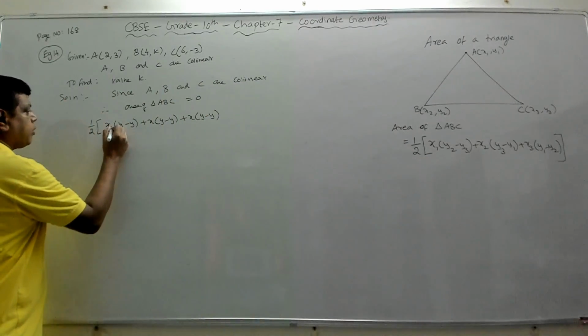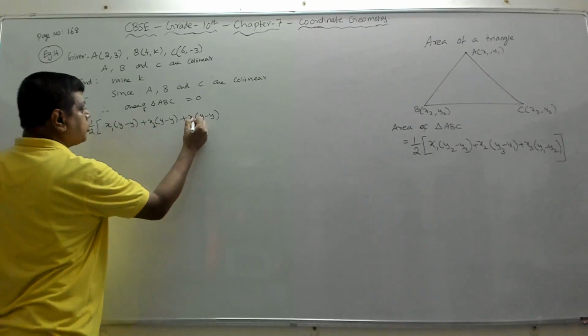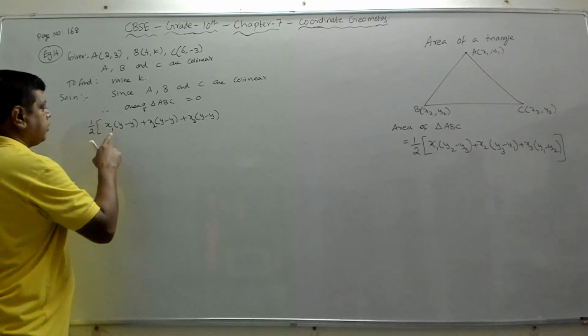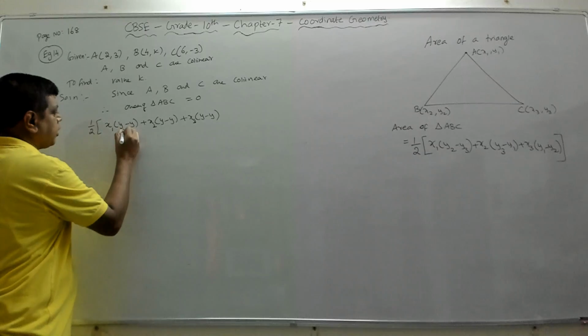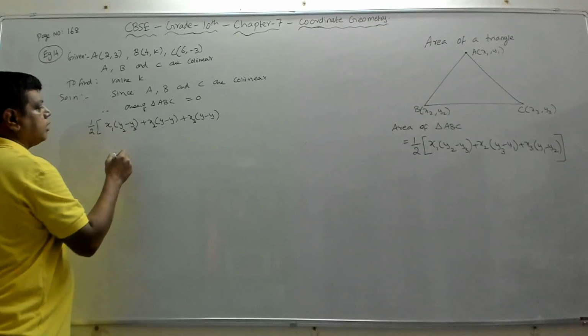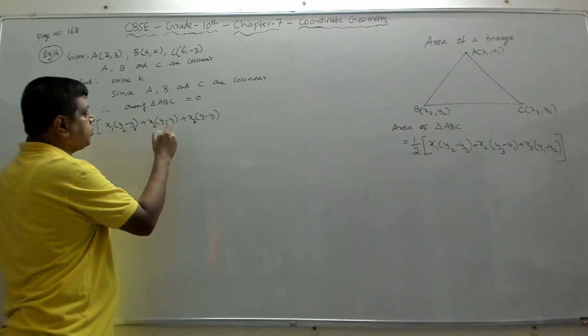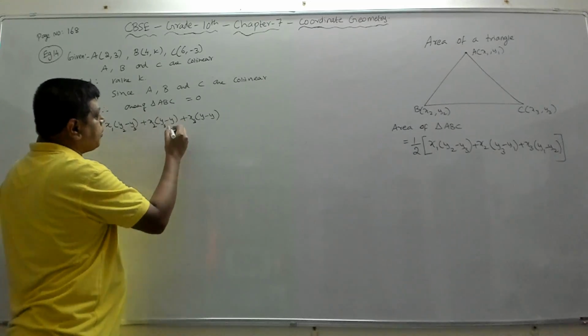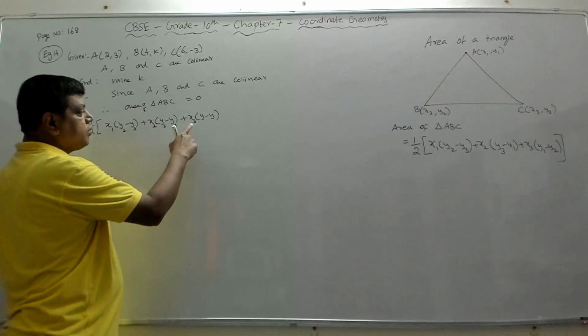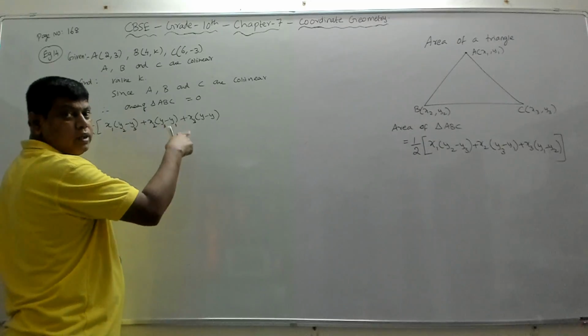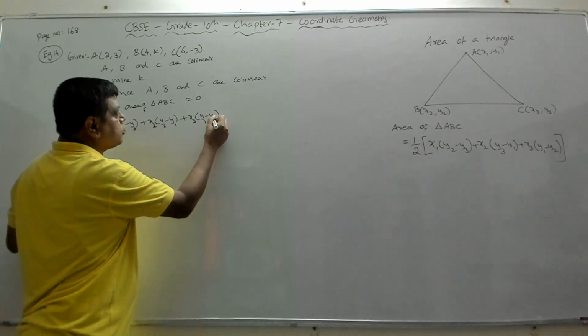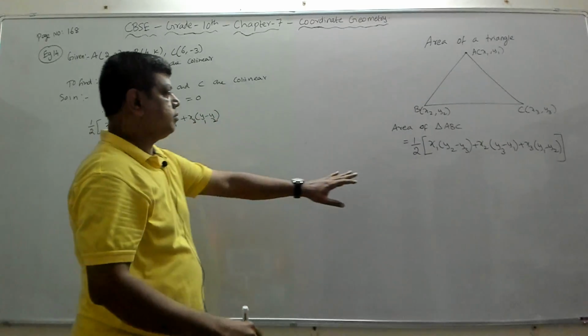Then you put x1, x2, x3. If it is 1, next number is 2, after 2, it is 3. After 3, we have to go back to 1. After 1, it is 2. So you get this formula.